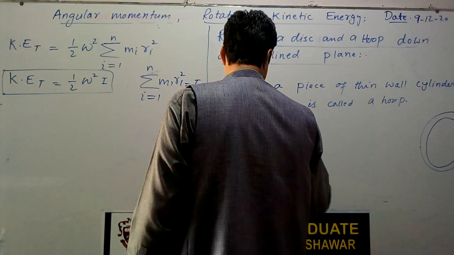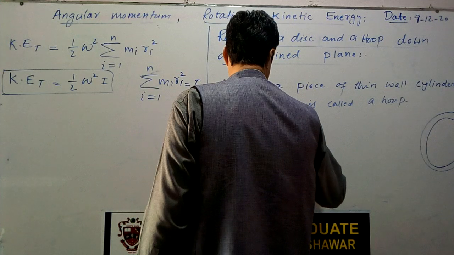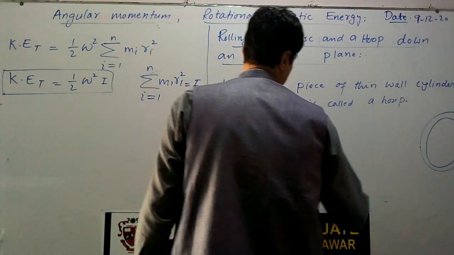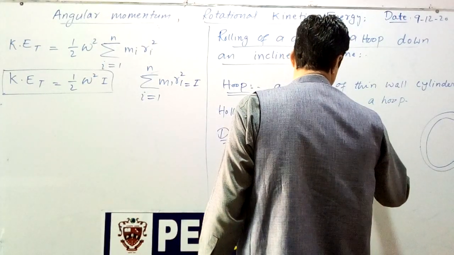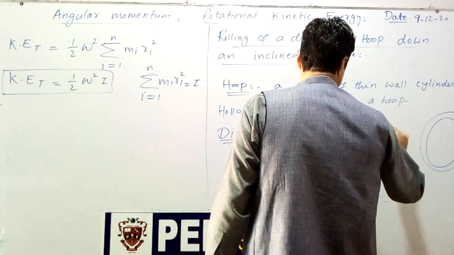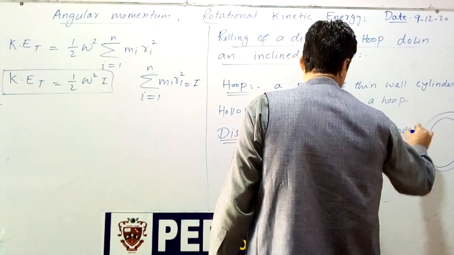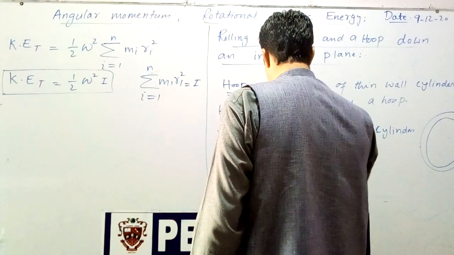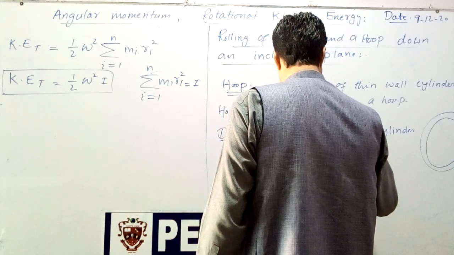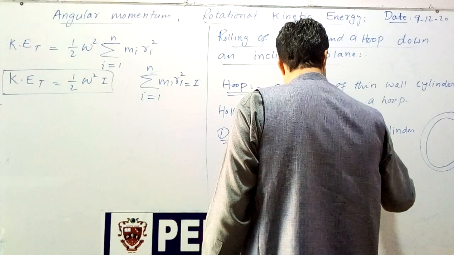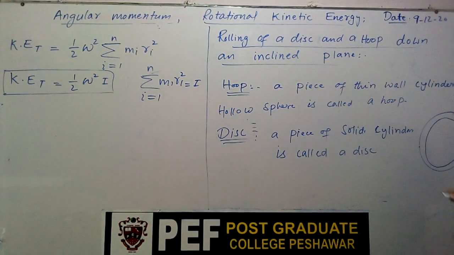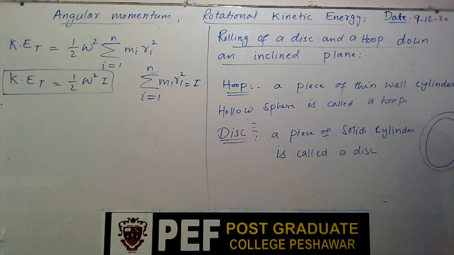A disc is a piece of solid cylinder, like a CD disc, etc. This is a hoop, and this one is solid, filled at the center and interior side. This is a disc.